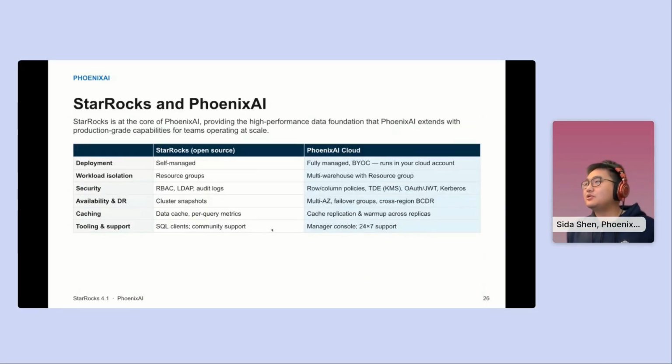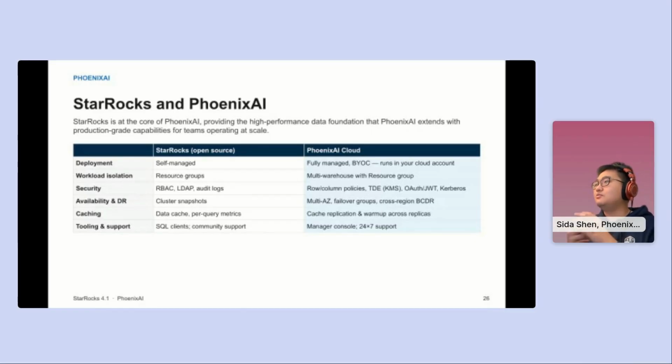StarRocks and PhoenixAI, just quickly go through some of the differences. StarRocks is open source, and PhoenixAI Cloud is a fully managed BYOC experience in your own cloud account. And workload isolation: StarRocks has resource groups, which is basically soft resource isolation, right? But that's not the whole picture, right? You need soft resource isolation for some of the workloads so you don't waste resources, but you also need multi-warehouse.